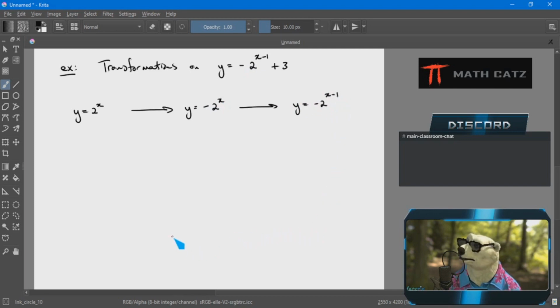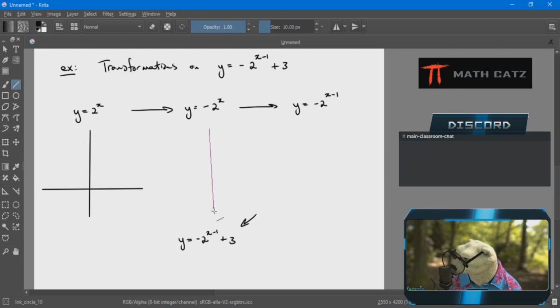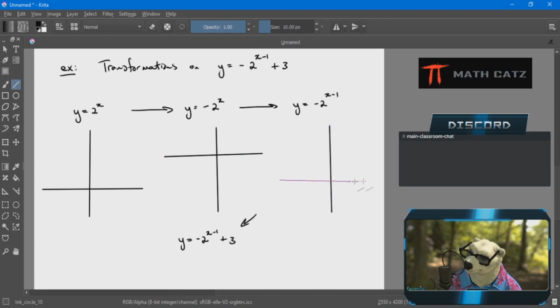And finally, I guess we'll go over here to our end result like that. So let me just set up my graphs. I will do the other one last, a little bit later.